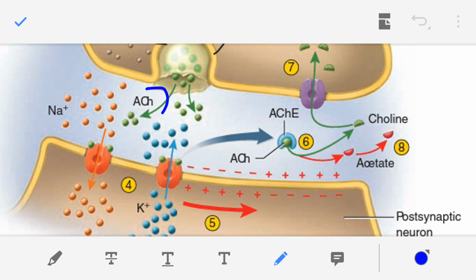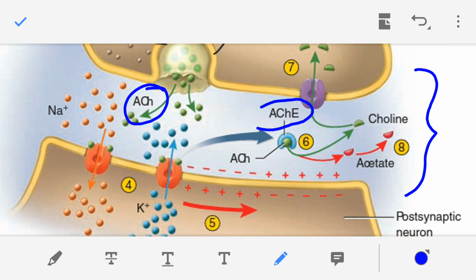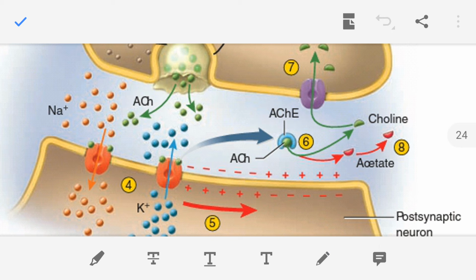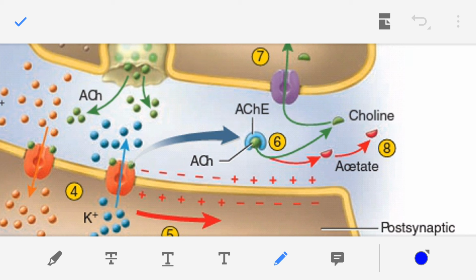Now what happens to this acetylcholine? In the synaptic cleft, an enzyme is present, and that enzyme is known as acetylcholinesterase. This ACH combines with the enzyme acetylcholinesterase, which degrades the acetylcholine.